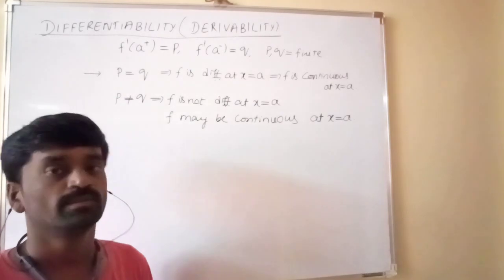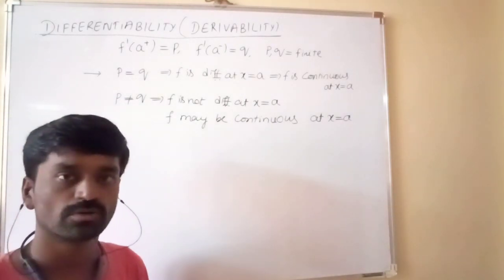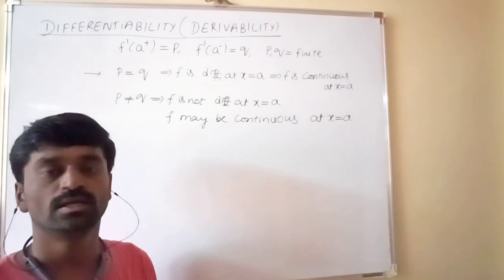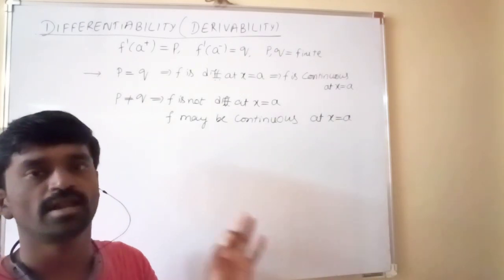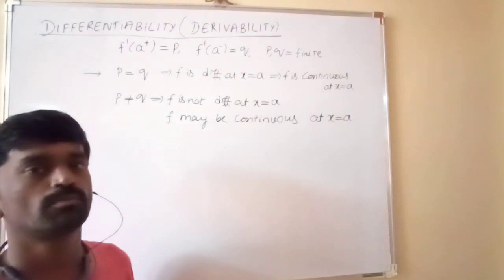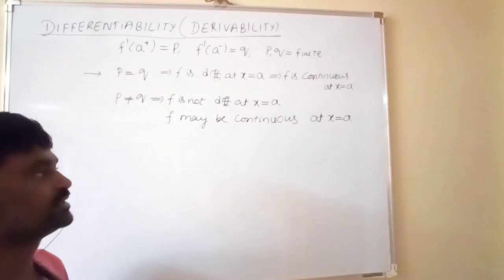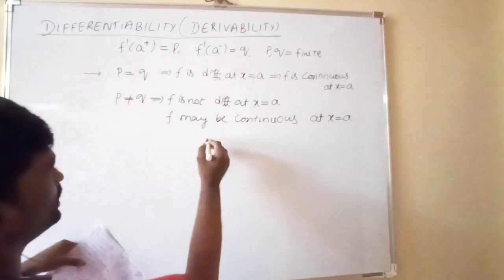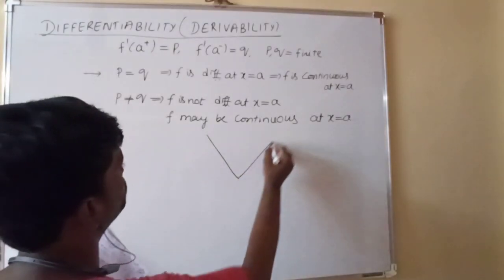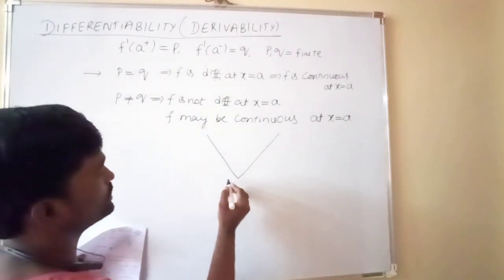That means the direction of the graph of the function immediately changes at that point. So then automatically a sharp edge will form, then f is not differentiable. For example, mod x function at x is equal to 0.